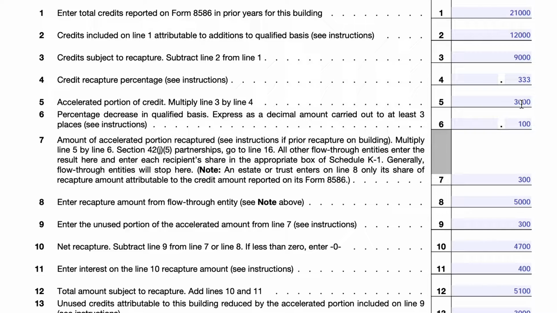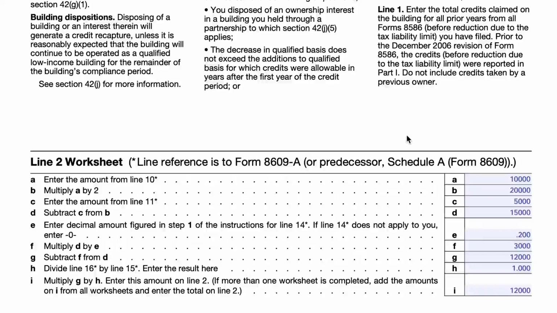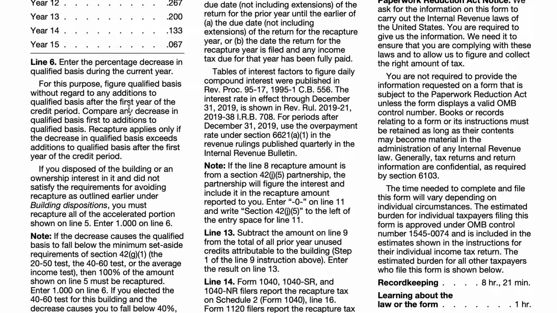We're going to multiply the 9,000 by that. We get $3,000. And then we're going to enter a percentage decrease in qualified basis. So there are instructions if you need to figure that out down here on line 6. So basically you would calculate the basis without regard to any additions to the basis after the first year. And then you'll compare the decrease first to additions to qualified basis.